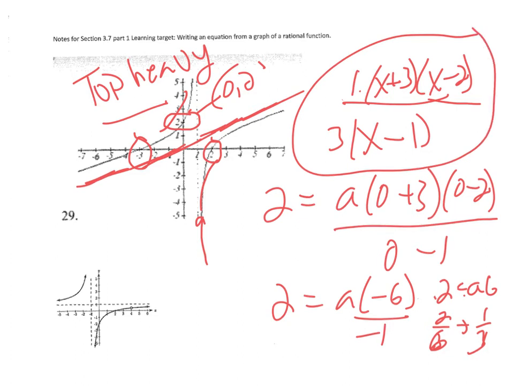Okay? So this is what happens when you don't see the horizontal asymptote, like they haven't traced it in like they did in all the others. You're going to find the y-intercept and see if you have a leading coefficient. You can solve for a, just like what you did with the polynomials.